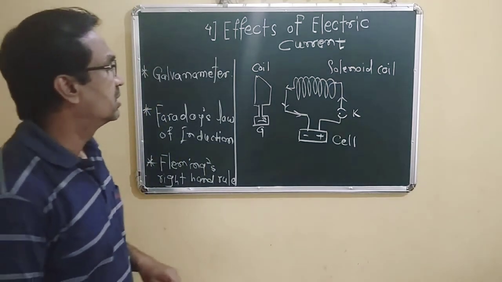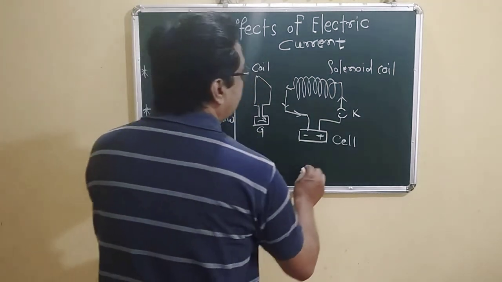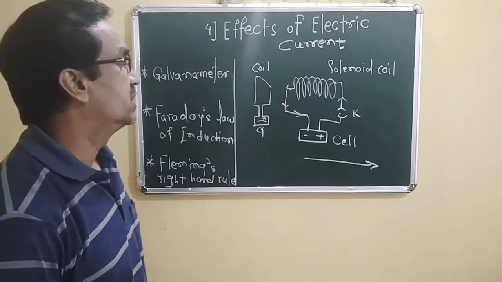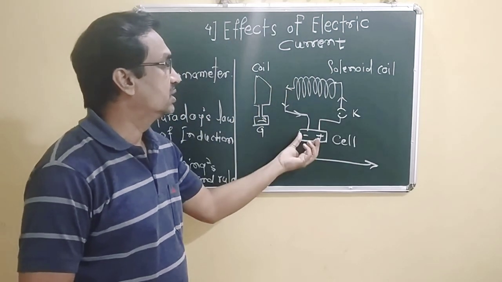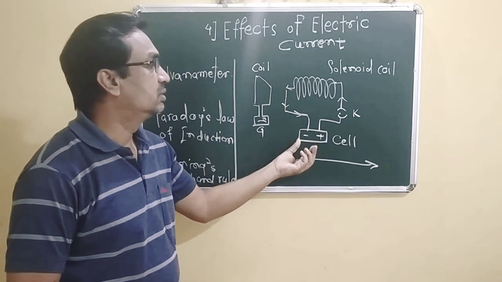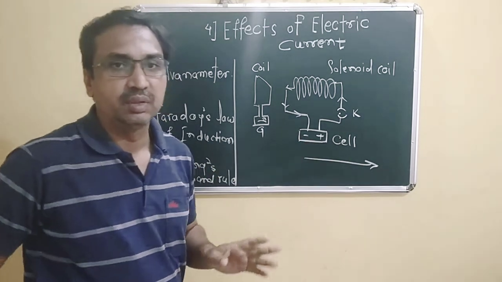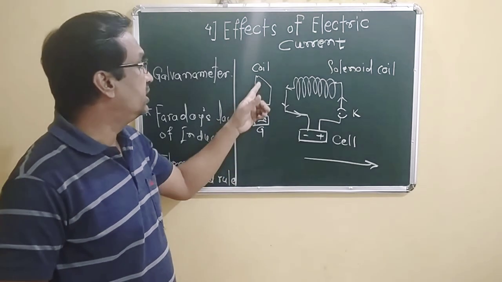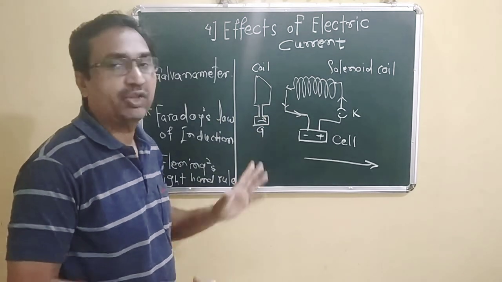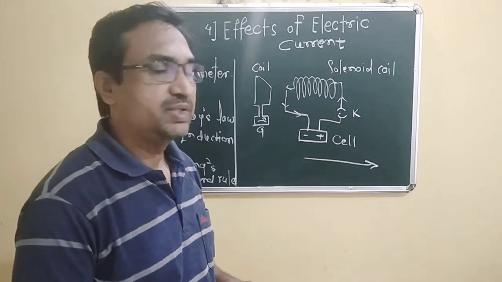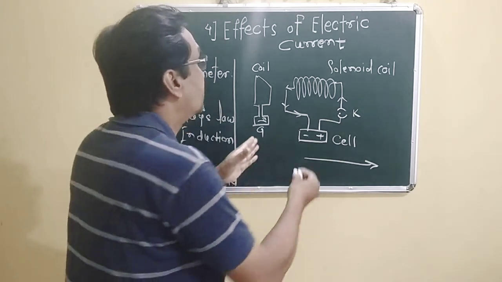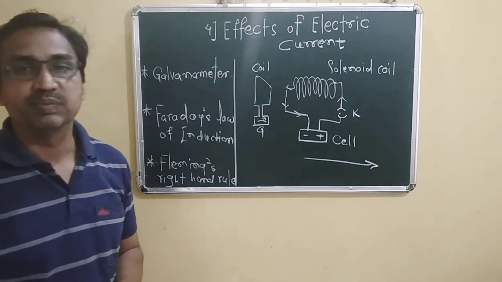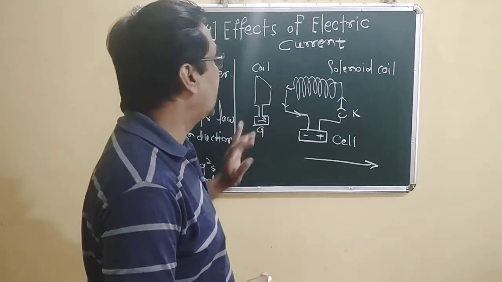But what happens when we move this solenoid coil towards the right? We can easily see the deflection in the galvanometer. Why does it happen? When we displace this instrument, we can see the displacement in the galvanometer.